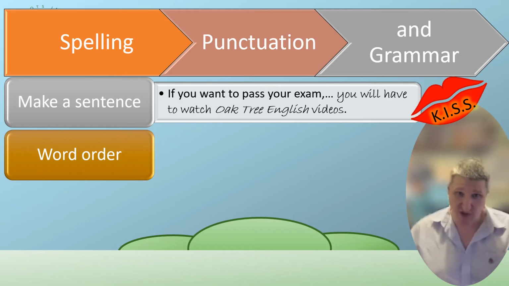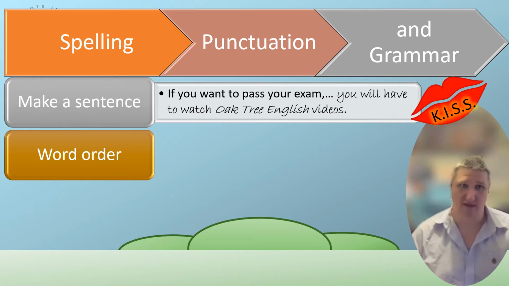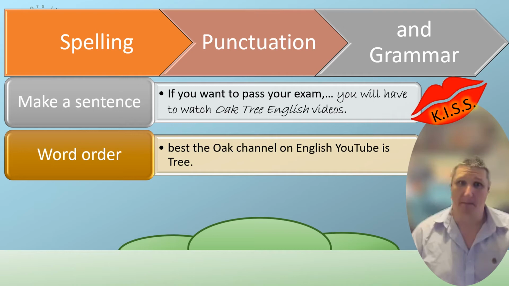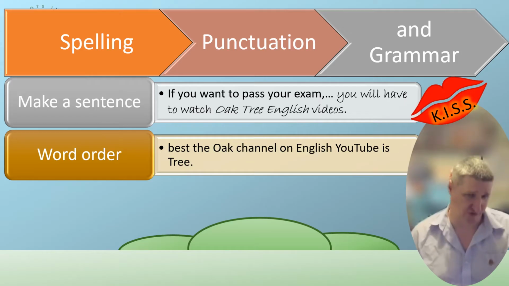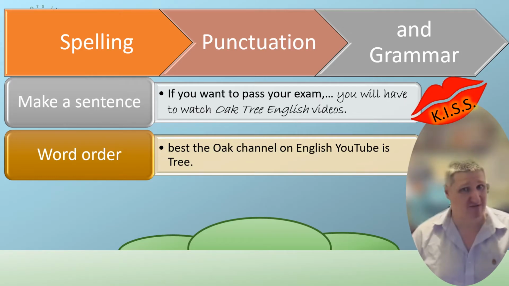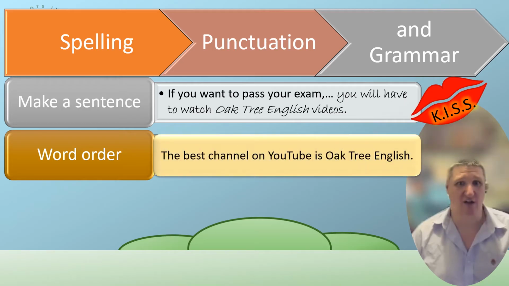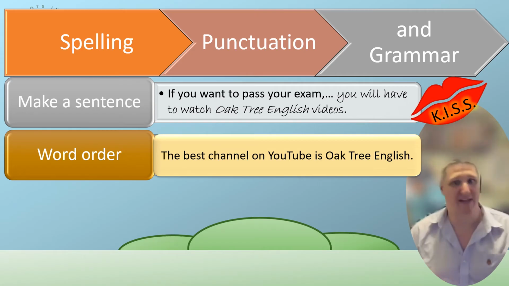The second and third exercises are putting words in the correct order to form statements and then questions. For example, best the Oak channel on English YouTube is tree, which of course doesn't make sense, but can be arranged as a statement as the best channel on YouTube is Oak Tree English, or indeed Oak Tree English is the best channel on YouTube.